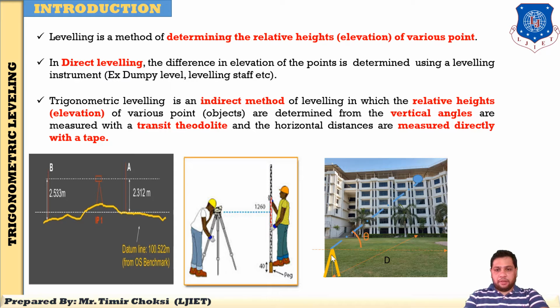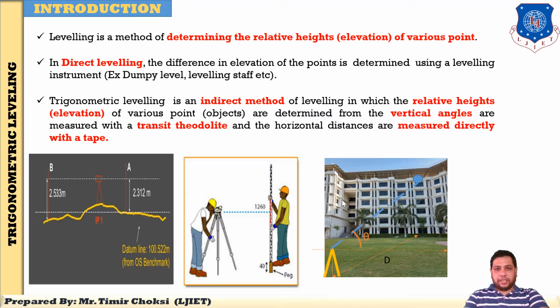Here the instrument, the transit theodolite, is used for finding the vertical angle, and the horizontal distance is measured with the tape. Our main goal is to find the relative height, the elevation of this object, using the vertical angle measured with the transit theodolite and the horizontal distance measured directly with the tape.